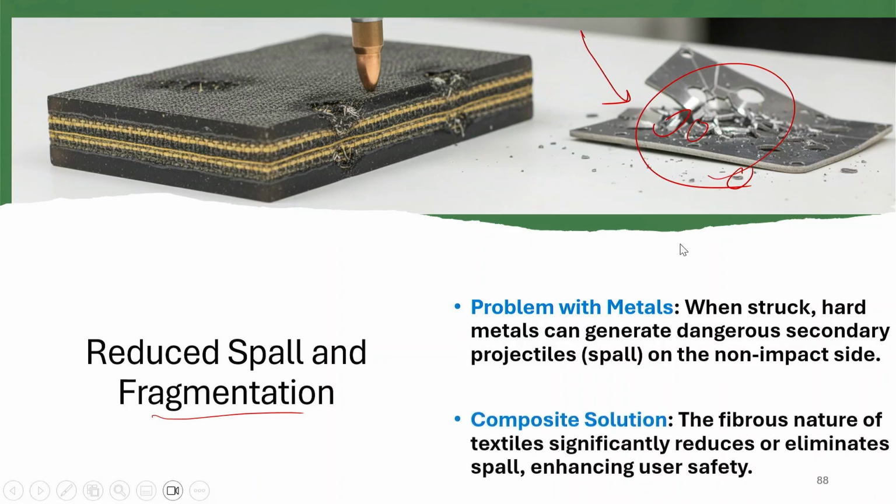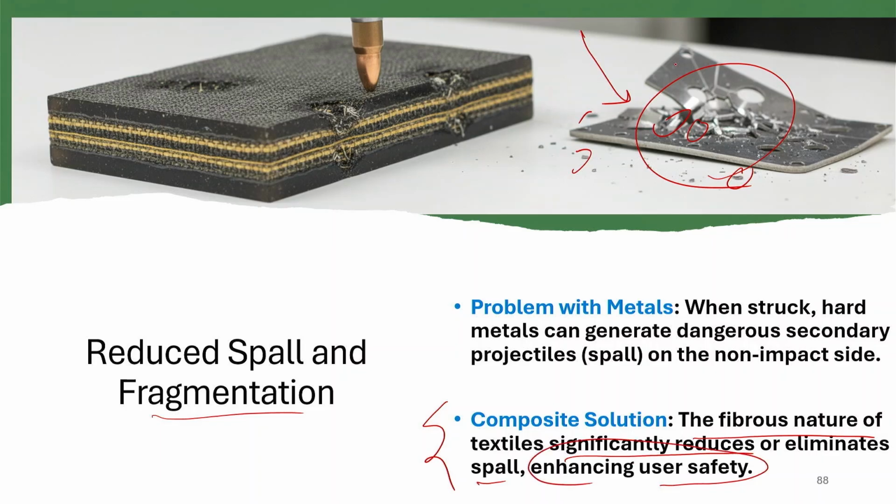The fibrous nature of the textile significantly reduces and eliminates the spall. So, the secondary particles coming out are not present in the composite structure, enhancing the safety.